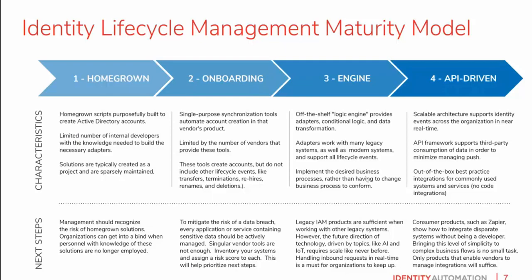All right, so level 4, again, the biggest barrier to implementing ILM everywhere is that you're going to have a lot of disparity across those applications and services. There's a lot of legacy systems. You'll run into some pretty proprietary systems or closed systems that don't really give you an interface to directly interface with.